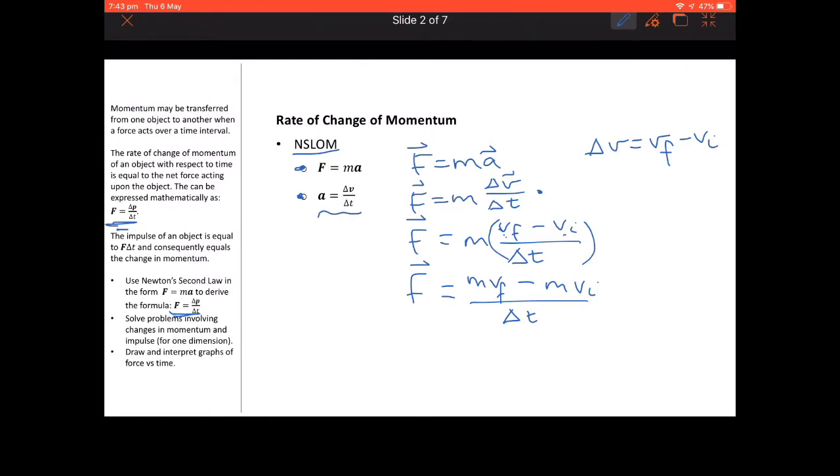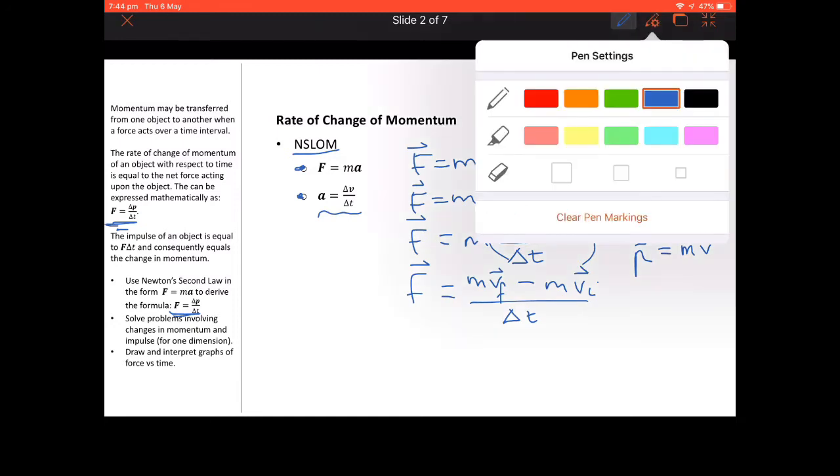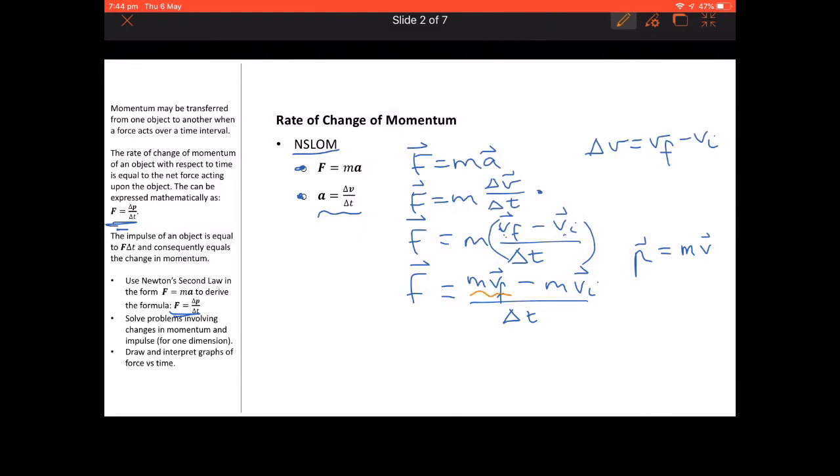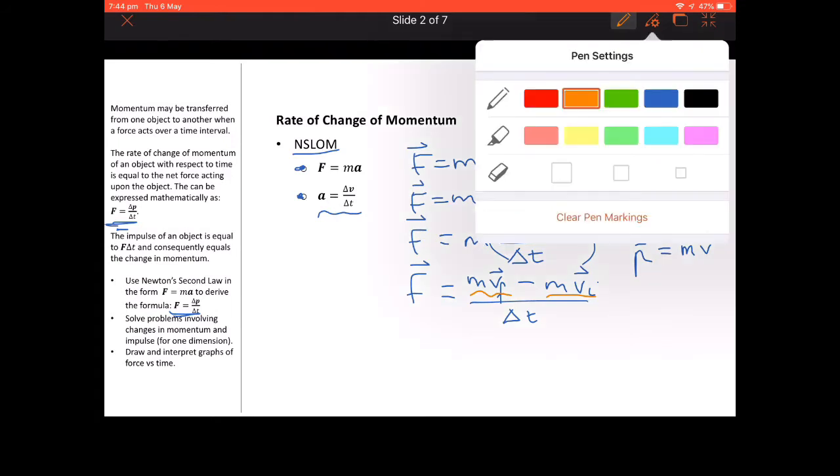We know that momentum is equal to mass times velocity. Oops, missing my vector signs. This here is going to be the final momentum, because it's got the final velocity, and this here is going to be the initial momentum, because it's got the initial velocity.